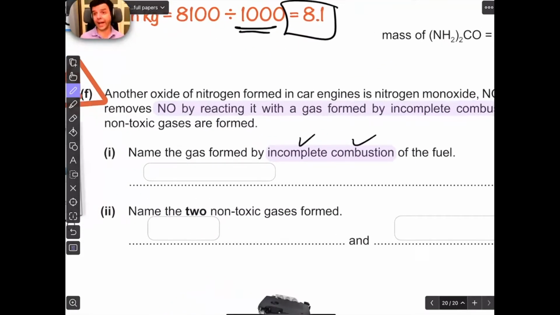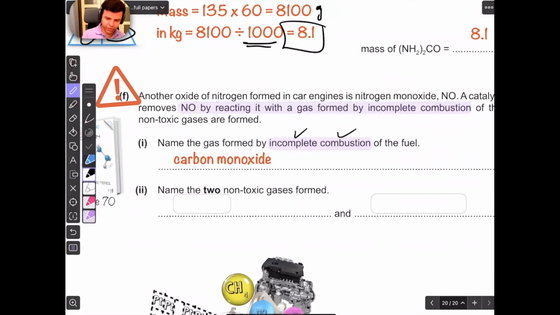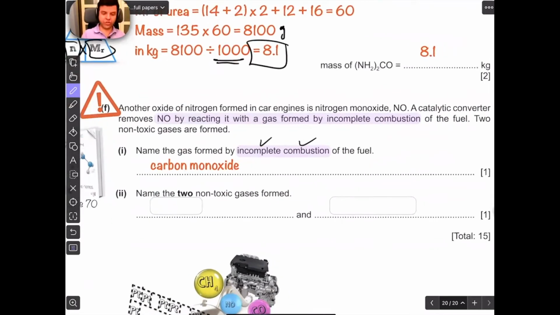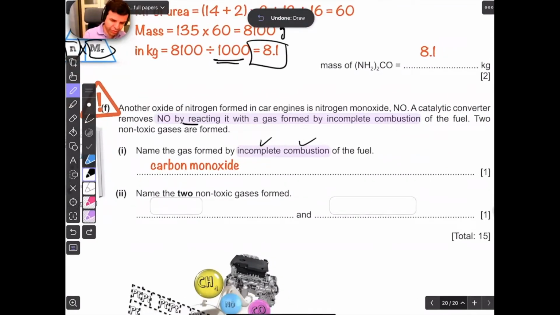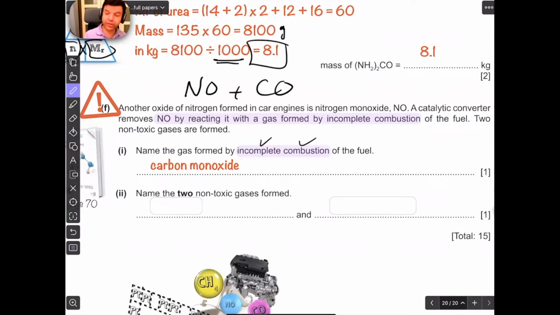What do we call that gas you would get if there is some incomplete combustion? Saji? Carbon monoxide. Very good. Now, question. They said NO, nitrogen monoxide, let me write it here, reacts with carbon monoxide, and we get what? We get 2 gases that are non-toxic.